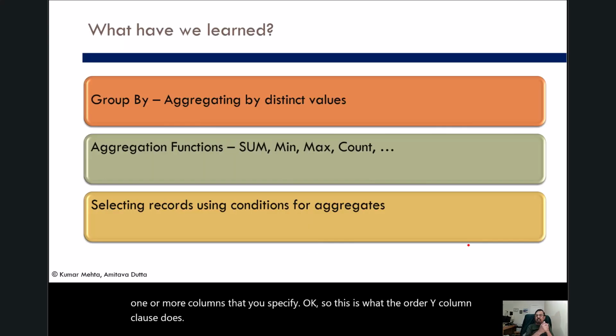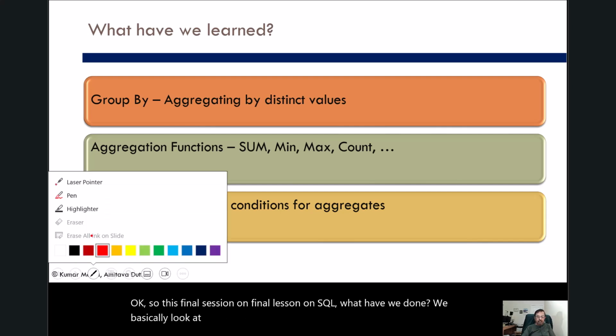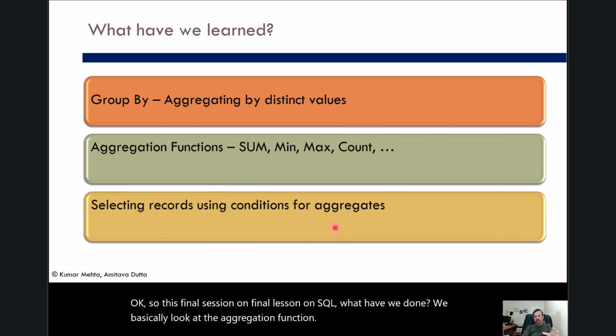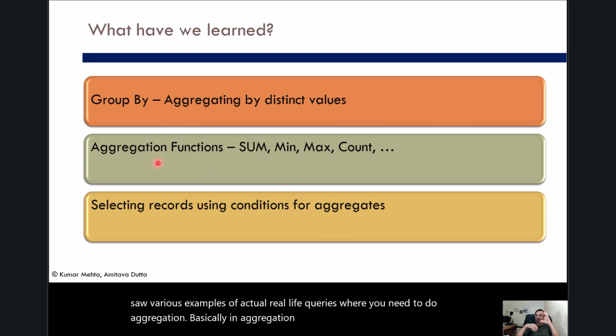Okay, so in this final lesson on SQL, what have we done? We basically looked at the aggregation function. How do you do aggregation? We saw various examples of actual real-life queries where you need to do aggregation. Basically, in aggregation, you're forming groups and you're computing some kind of collective summary operation on it.